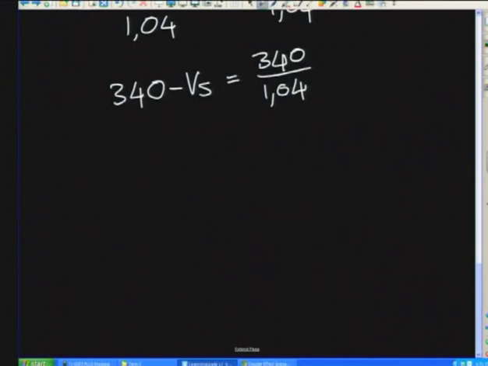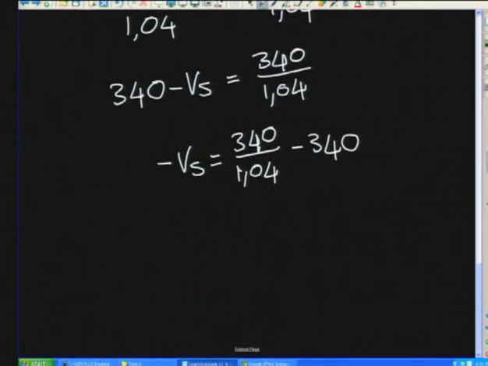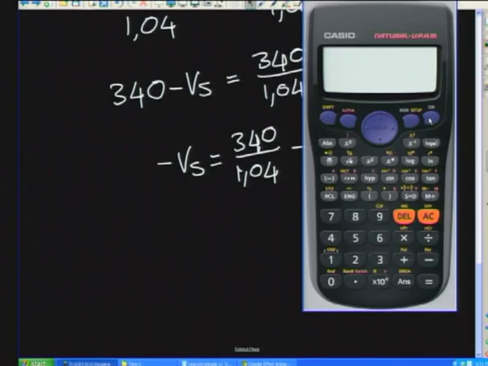Now there's only one problem with all of this. I've got to be able to get Vs on its own. So the 340 is in the way. My negative Vs will equal 340 divided by 1.04 minus 340. But now this is all looking a little bit mathsy for my taste, so let's put this into our calculator and simplify it. So let's just go through this together.